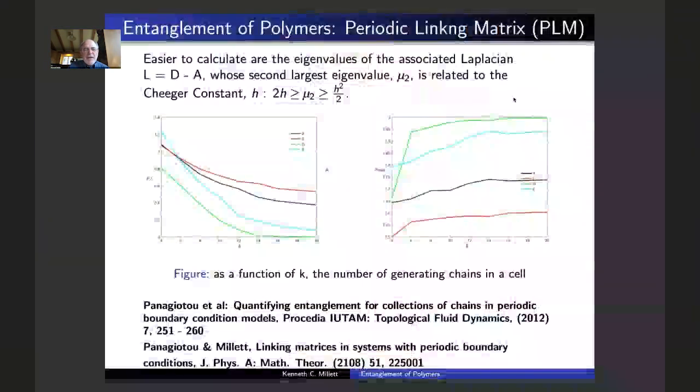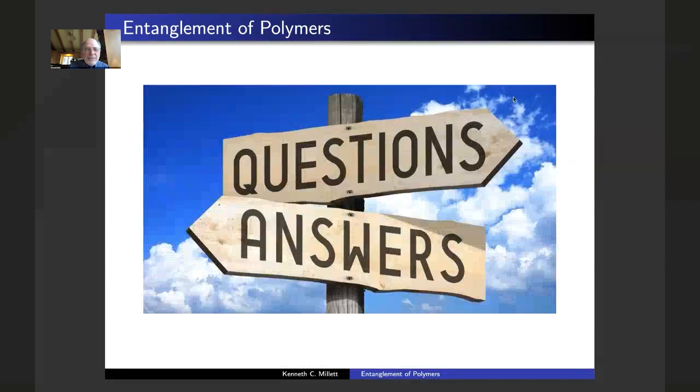Okay, and so we applied that in several models, as indicated here, where we have looked at structures with different densities, with different lengths, and so on. So, time for hopefully a few more questions, and then I can try to sort of close things off with some newer applications.